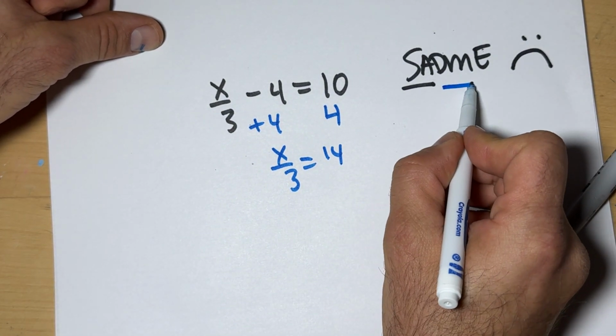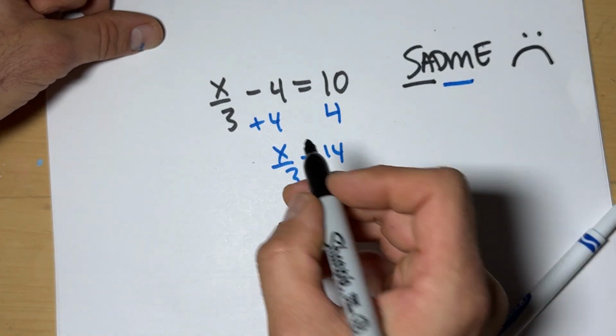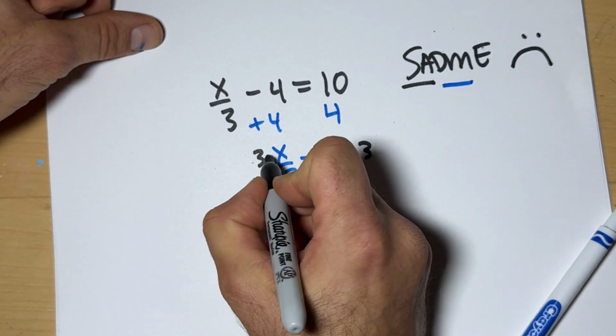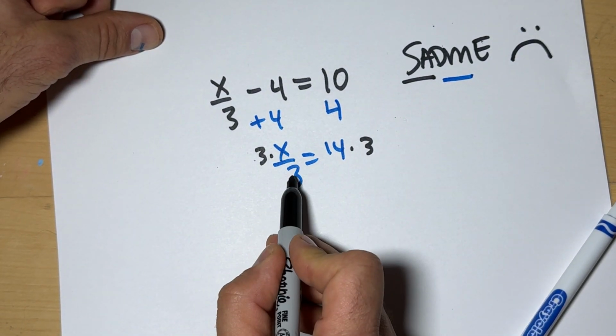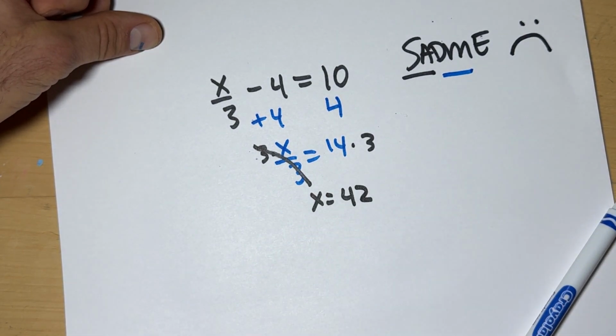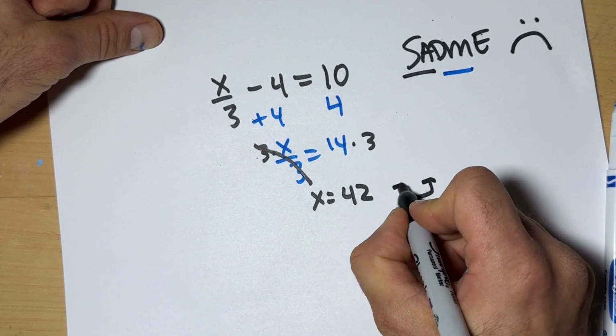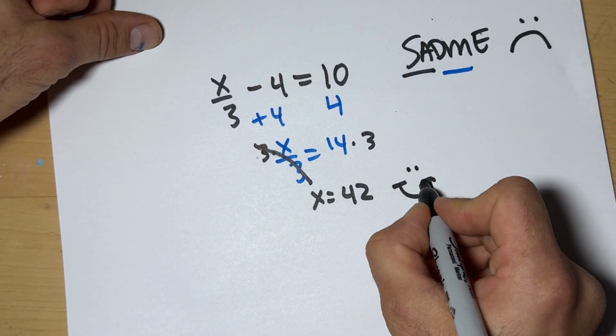Now let's look at the multiplying and dividing. x divided by 3. What's the opposite? Times. Let's multiply both sides. So 3 times x, but divided by 3 cancels. Sad me is now happy me. I was able to solve it.